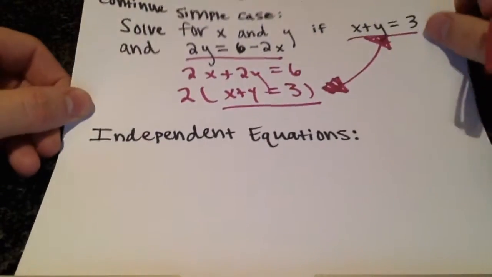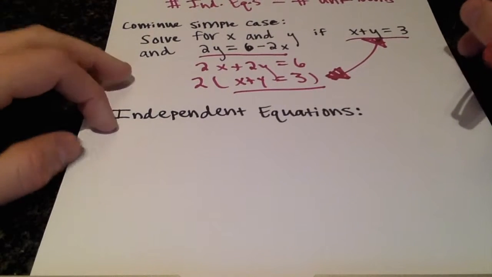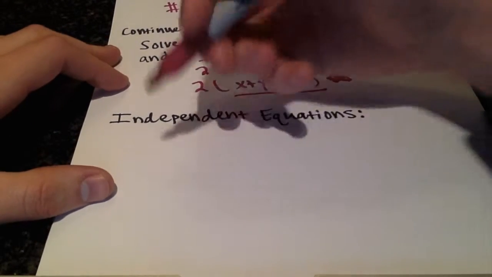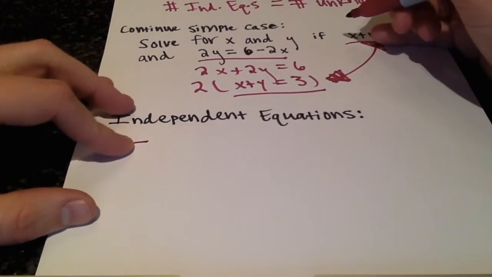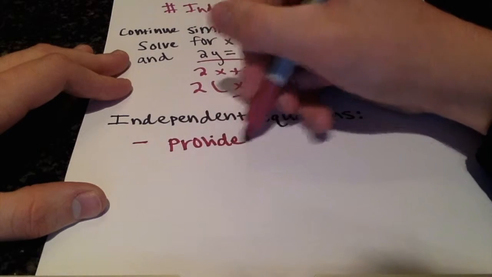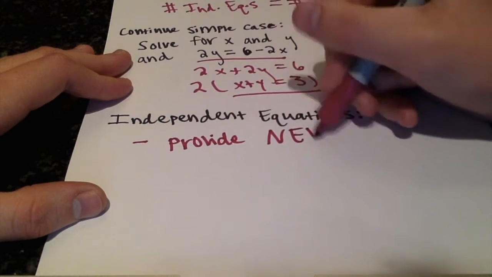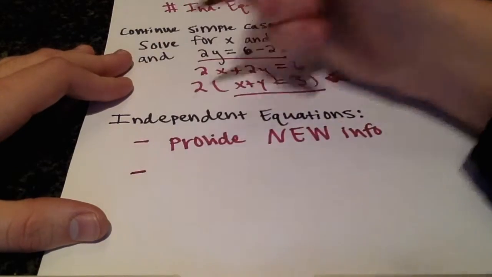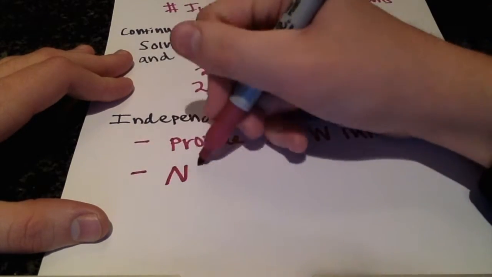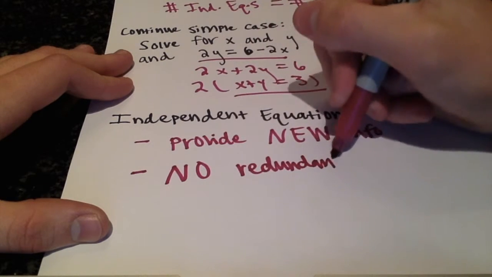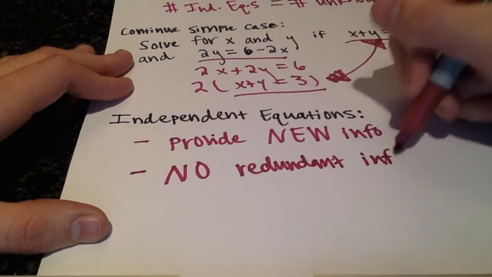Alright, so to understand what independent equations are, basically what these do is they provide new info, and there is no redundant info.